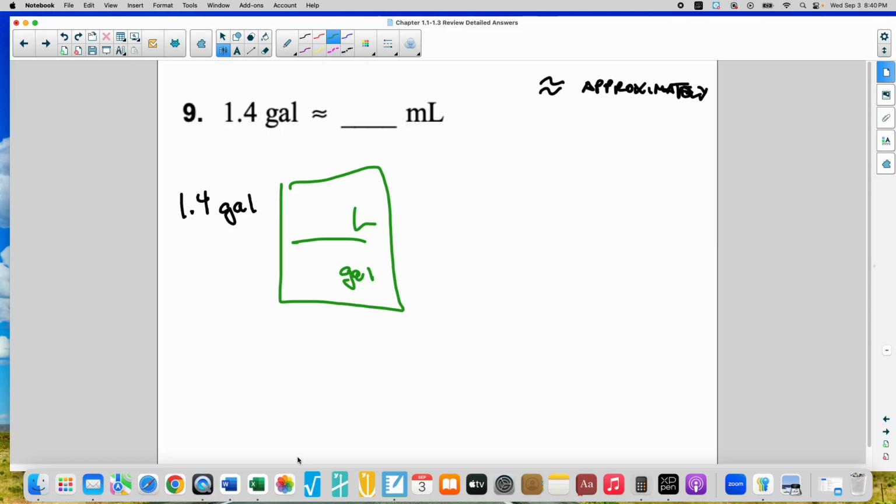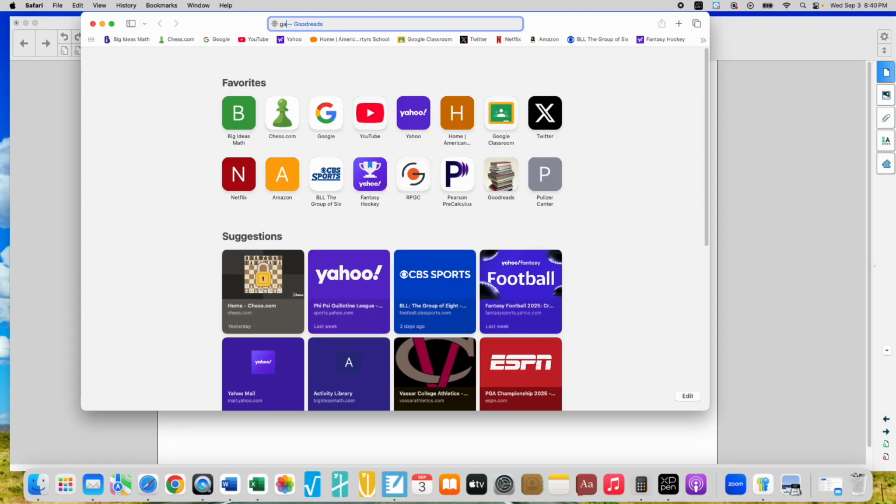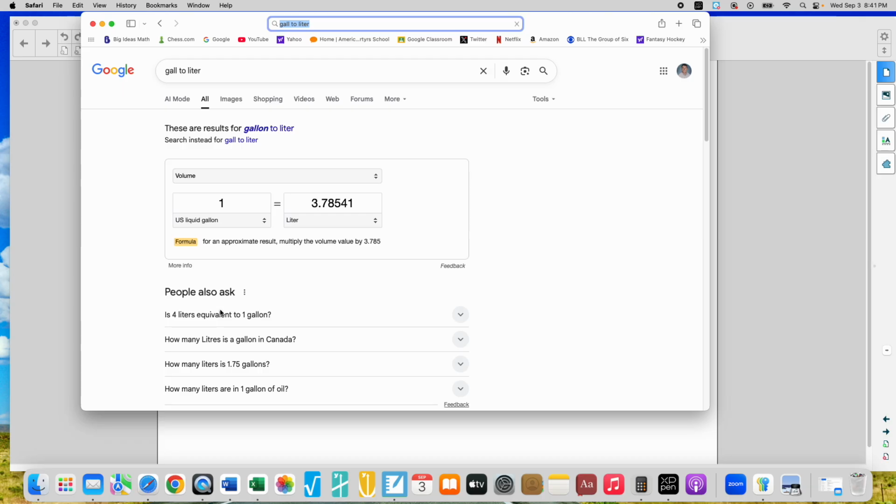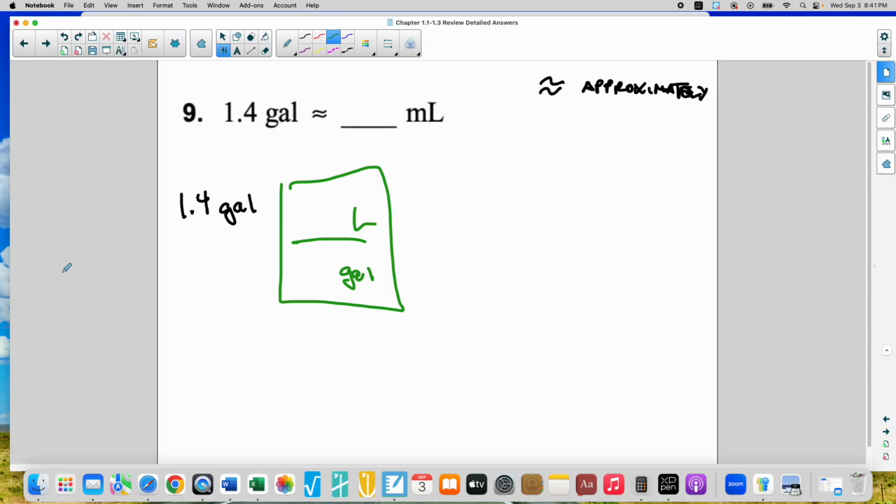So I will provide you with this information during the test, but we can go here and we can say gallons to liters. And they will tell you 1 gallon is equal to 3.8 liters. We'll just use 3.8. 1 gallon equals 3.8 liters. So we have 3.8 equals 1 gallon.